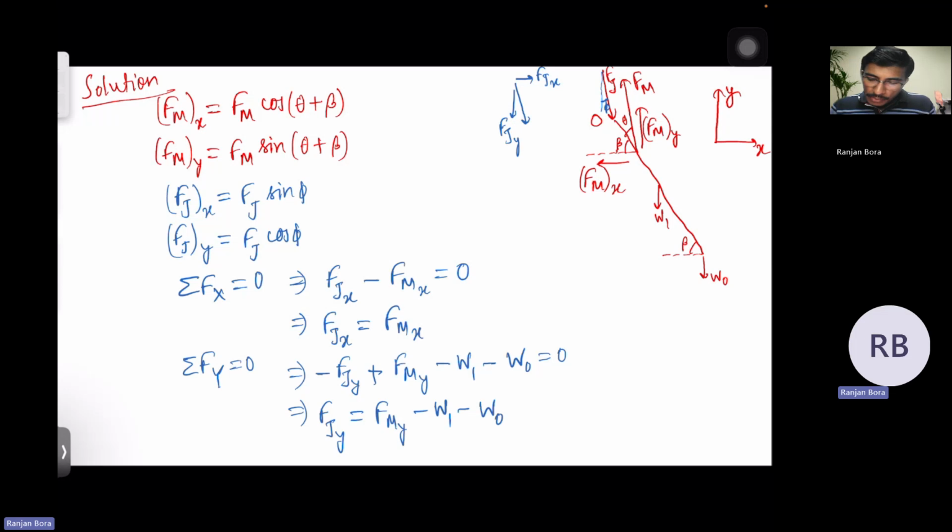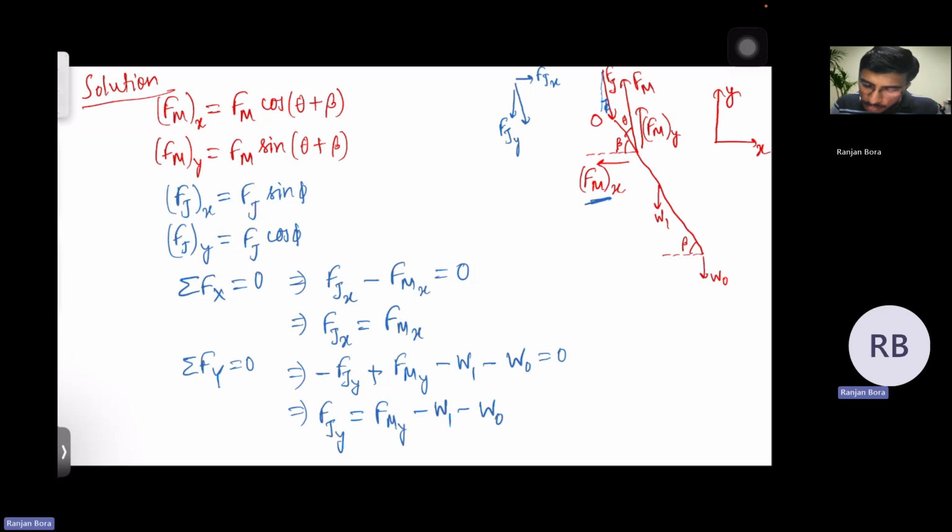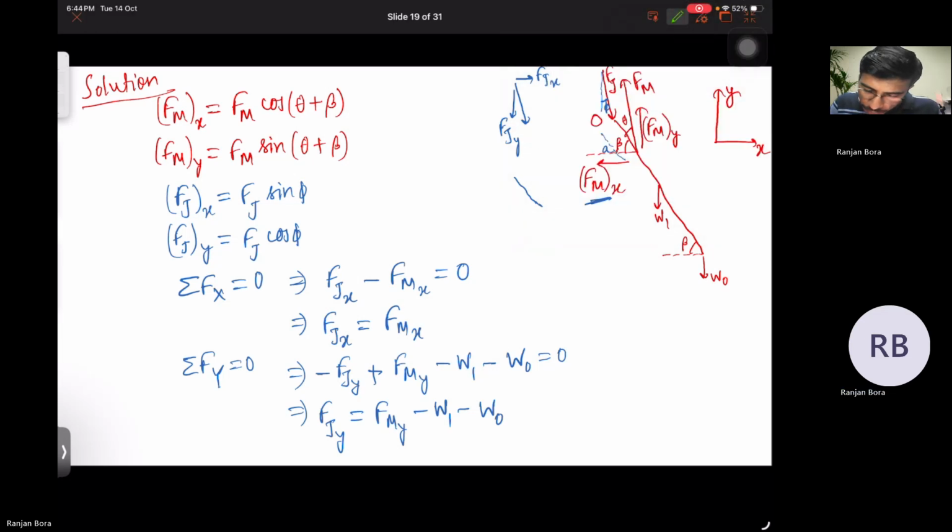So for this force Fmx, the moment term will be, see, this distance is given A. So that means this distance is A. So this force Fmx, if we take out this triangle, this distance is given A, and this angle is beta.